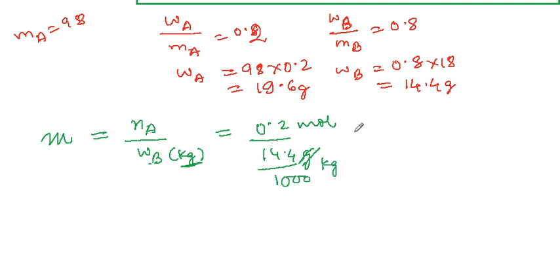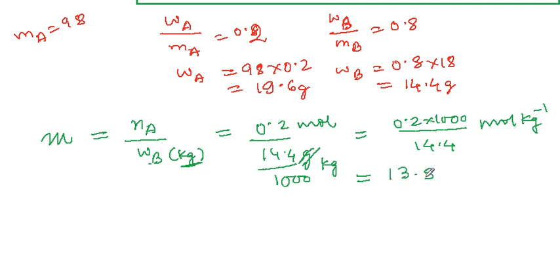So this should be 0.2 into 1000 divided by 14.4. Okay, so that is our mole per kg. If you just multiply and divide this, you'll get the answer 13.8 mole per kg. Now that is our molality.